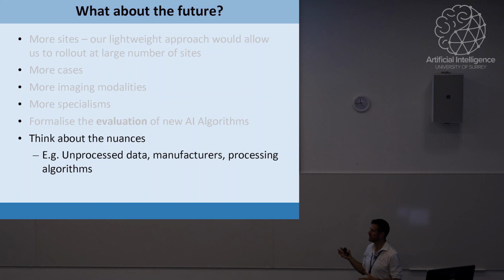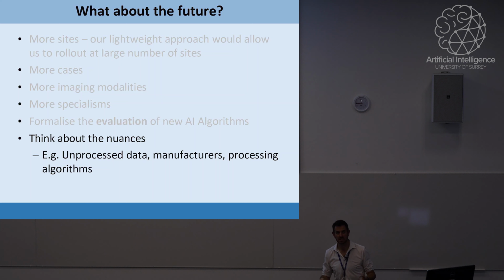But actually, most algorithms previous to AI have operated on the unprocessed data because the processing loses information. You lose information about the kind of physics of the image formation process. And so training algorithms on unprocessed data so far in our little group has proven that that's actually better. But getting hold of the unprocessed data is really hard. Sites throw it away. So that's something that we've been looking at.